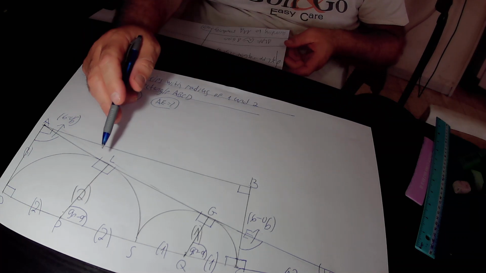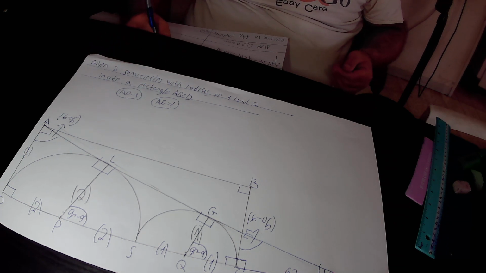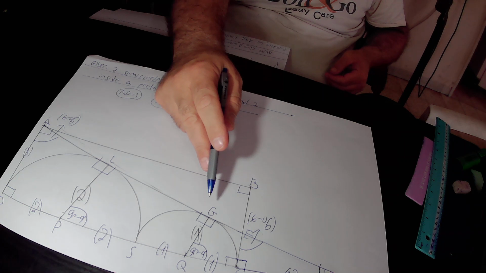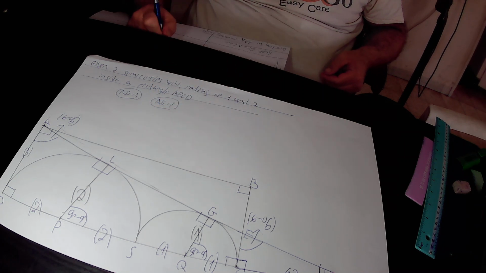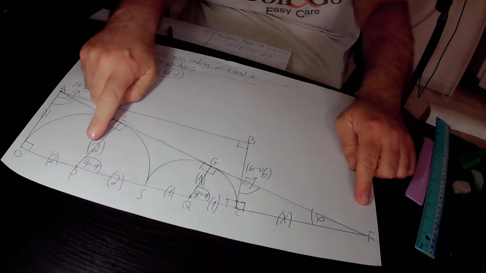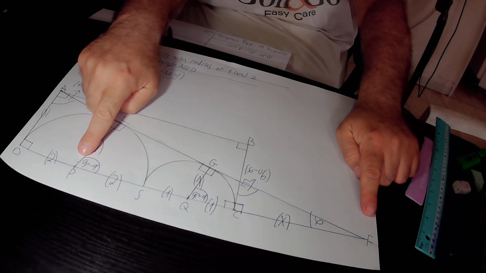LP is the radius of this big semicircle, that is equal to 2, over GQ. GQ is the radius of this small semicircle, that is equal to 1, and that is equal to PF. PF in total equals 2 plus 1 plus 1, that is 4, plus x.